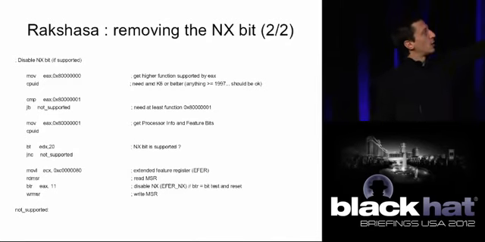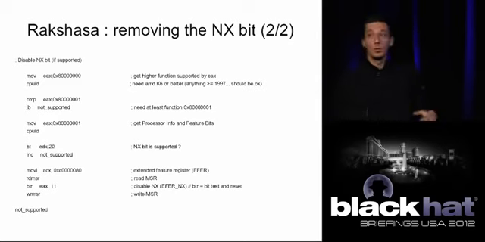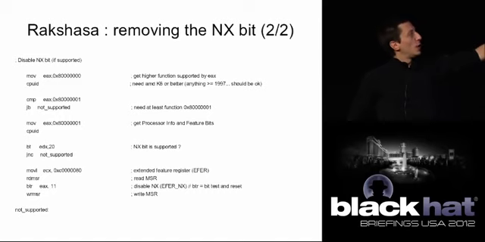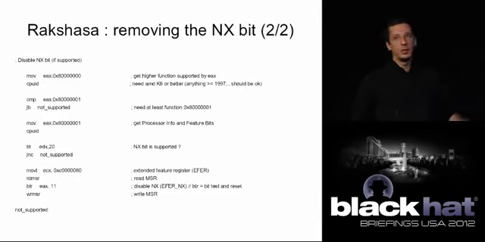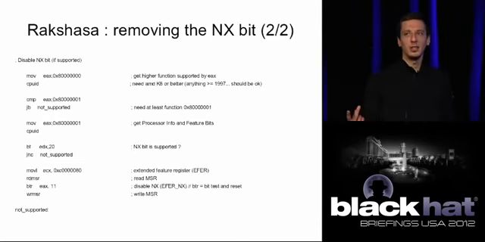If we have something which is lower than 0x80000001, then it's not going to be good enough, but there again your CPU is super old. If we do have this instruction, we query the processor information and feature bits, which are processor specific, which you actually do support. The one we're interested in is bit 20 in EDX. The output of CPUID is basically two registers, ECX and EDX.